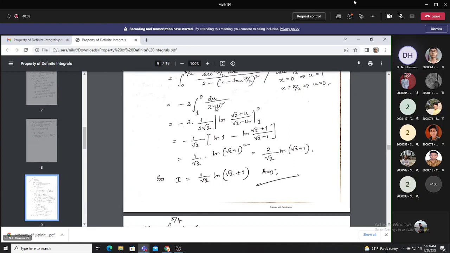It gives you 1 by 2a into ln of (a plus x) divided by (a minus x). So root 2 in the ln of root 2, because a square is 2, so a will be root 2. In the upper part, it will be root 2 plus u divided by root 2 minus u, and then use the limits. Ultimately, this is your result.